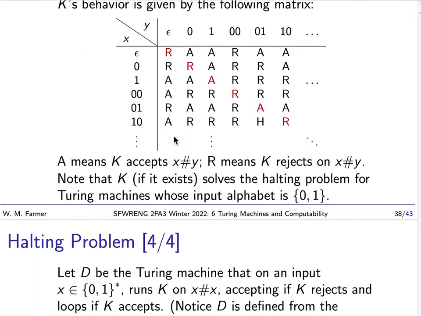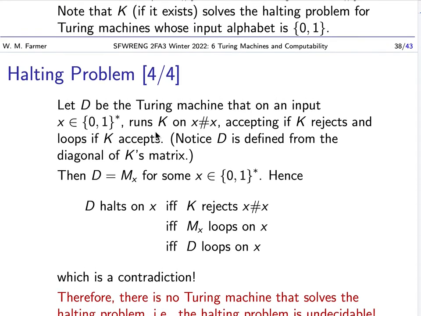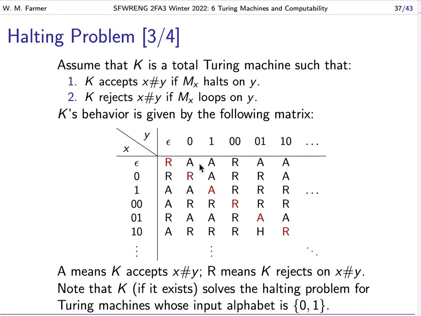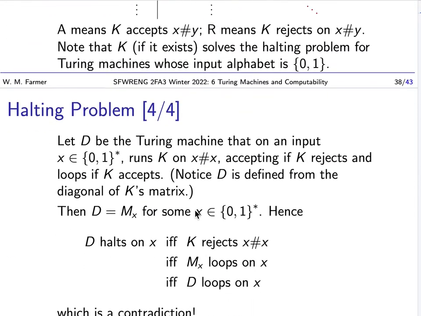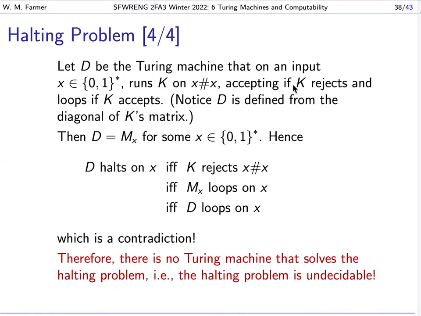Let's go back to this a moment. Let's see, did I get that right? When K rejects, D accepts, and when K accepts, D loops.